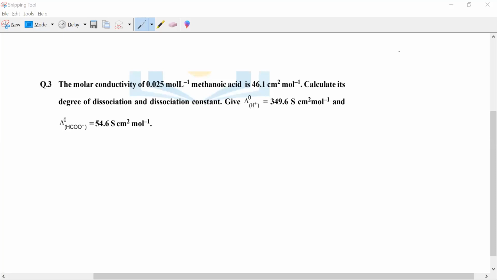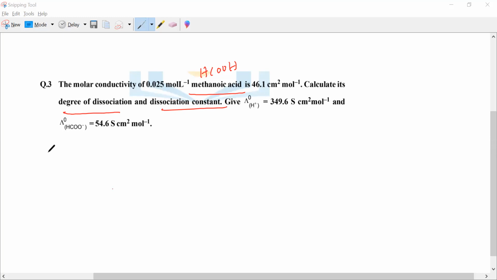So the molar conductivity of 0.025 mole per liter methanoic acid. Methanoic acid in the sense HCOOH. Calculate the degree of dissociation and dissociation constant. Correct? Yes. Now let's see how do we calculate.